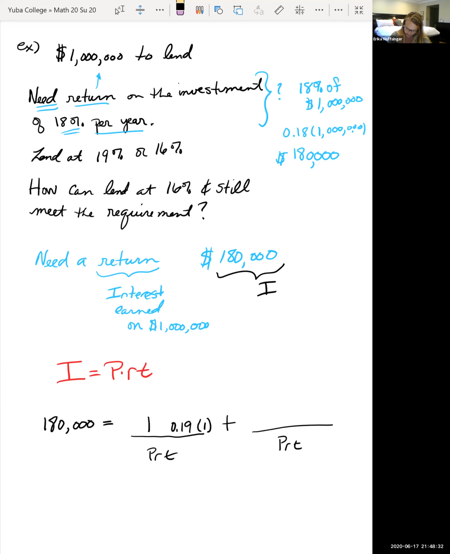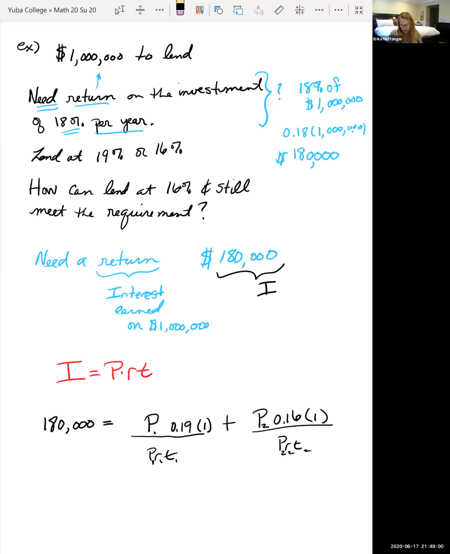I still need P in here. Maybe call it P sub 1. And the other one, P sub 2, I don't know how much I'm investing yet. I have the 16%, so 0.16 times the number of years, which is 1.